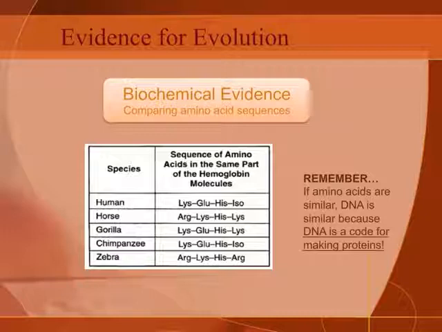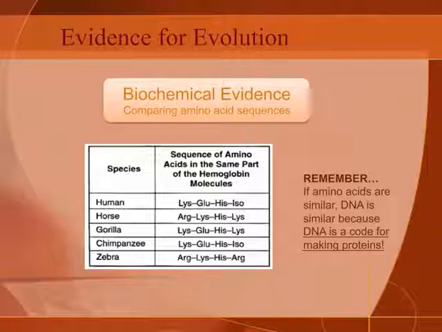The next picture should be labeled biochemical evidence. This is the best evidence for evolution. Remember that organisms that are similar have similar DNA. This chart shows us amino acid sequences.